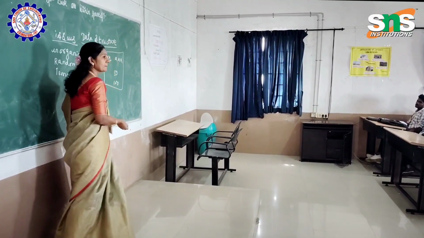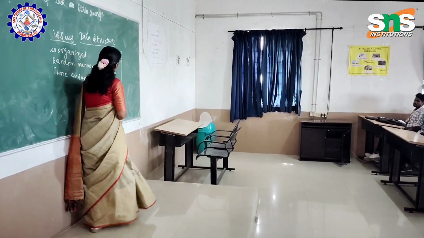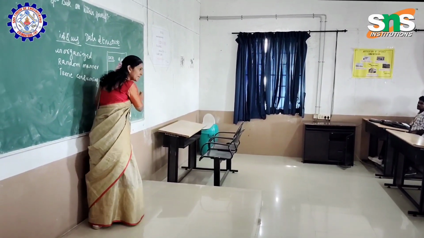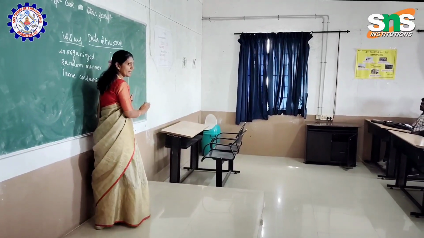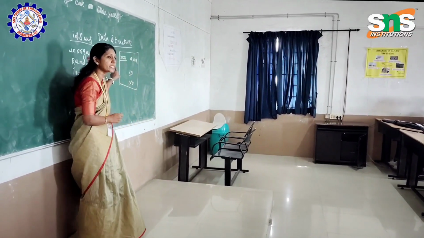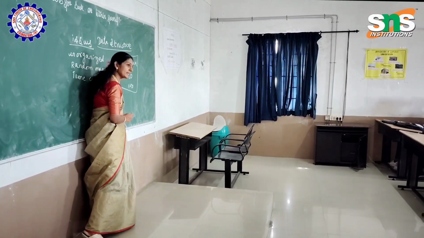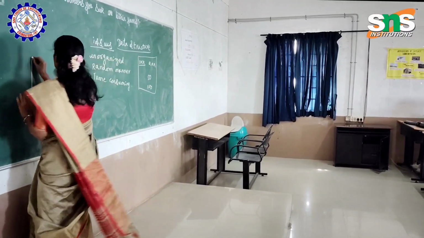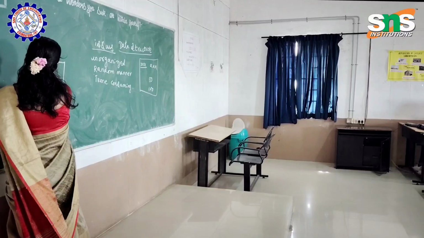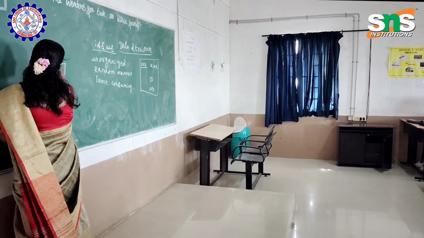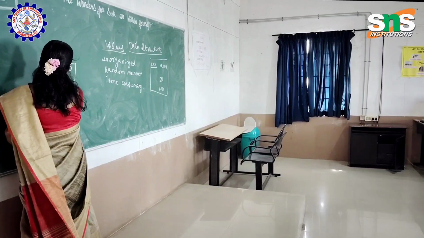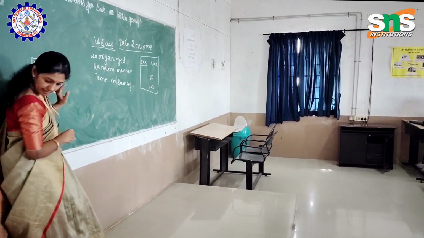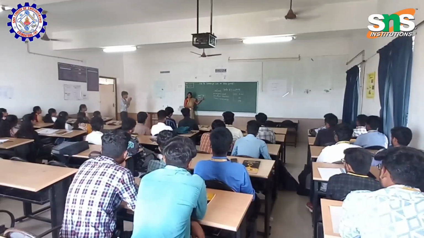Is it clear or not? To make this memory ordered and arranged, we have a concept called data structures. Just consider your mark sheet, where A is 50 and B is 100. Can you get the marks now?